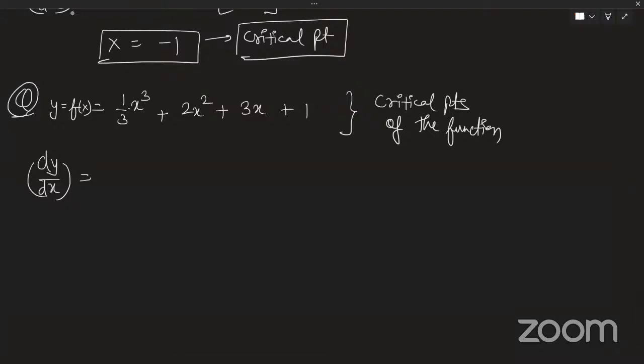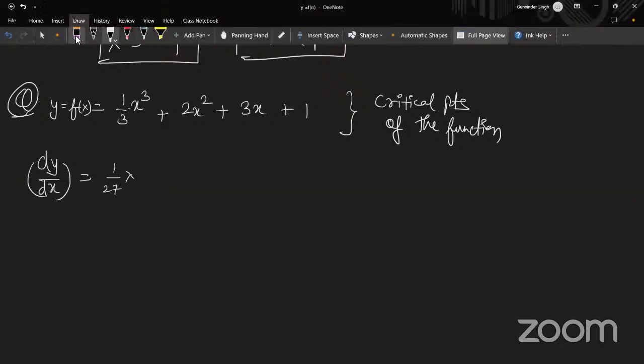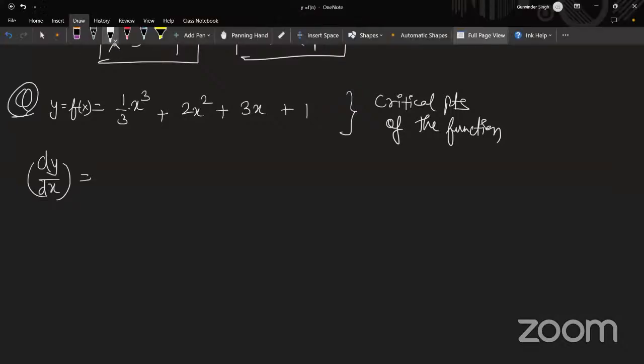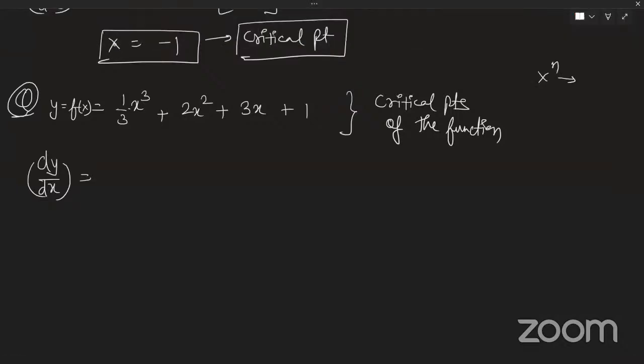Manoj, tell me. One by 27x? No. Do you know how to find the derivative of a function? What is the formula for the derivative of x raised to n?